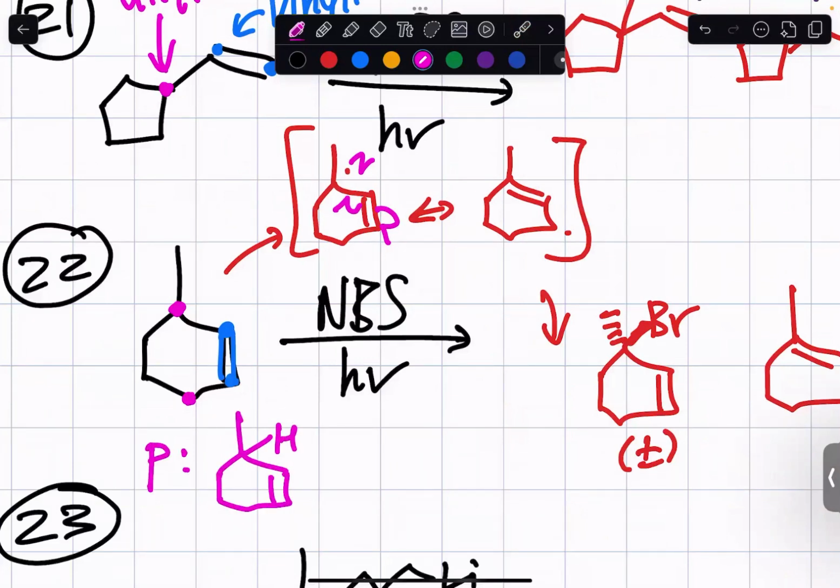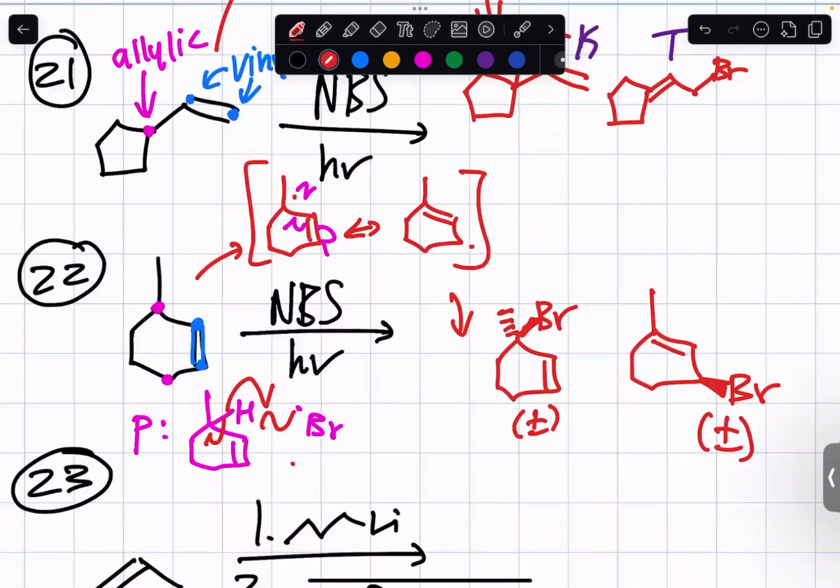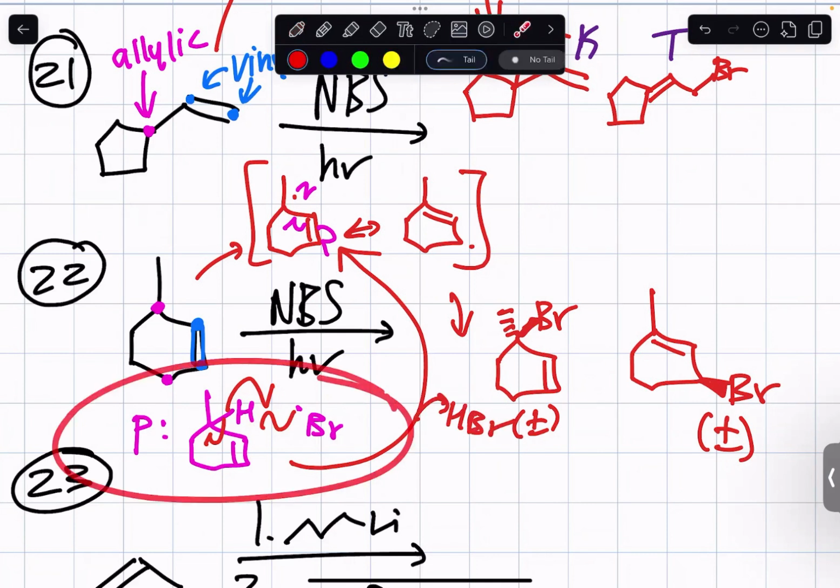If I draw that H out next to the methyl, and we have a bromine radical that got formed in the initiation step, it forms an HBr with that bromine radical, and that bond right there, one of the electrons is going to create a radical right there, giving us this radical right here. So there's no H here because the H was interacting with the Br, forming HBr. So that's the propagation step of the mechanism.